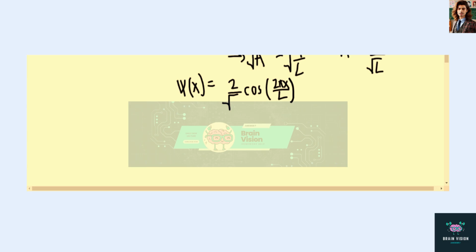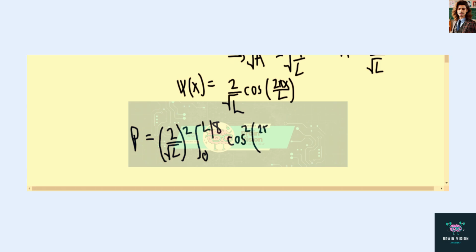So we're going to get a probability. P is now equal to 2 over square root of L squared. And we're looking at a probability over the interval from 0 to L over 8. And we have cosine squared 2 pi x over L dx.